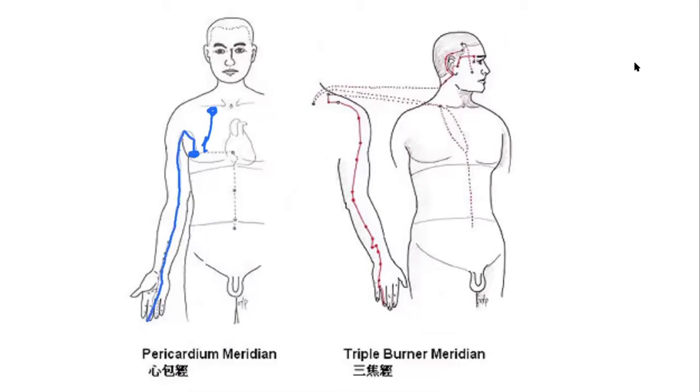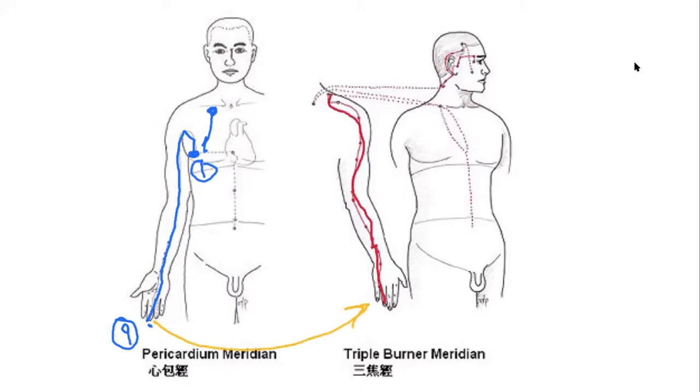The pericardium has 9 points. Then the triple burner starts from the ring finger, which is very close to the middle finger, and goes up.